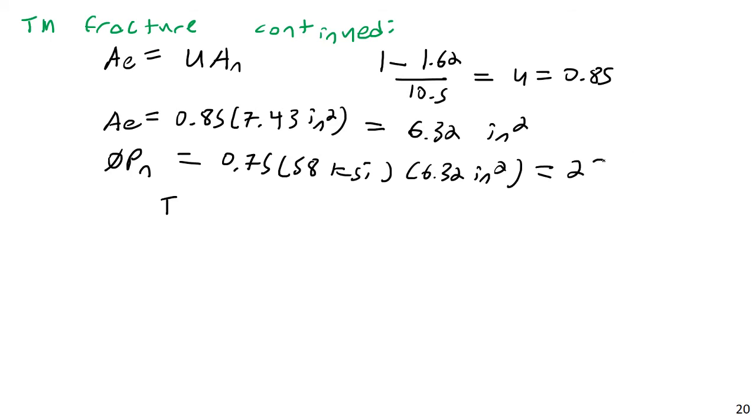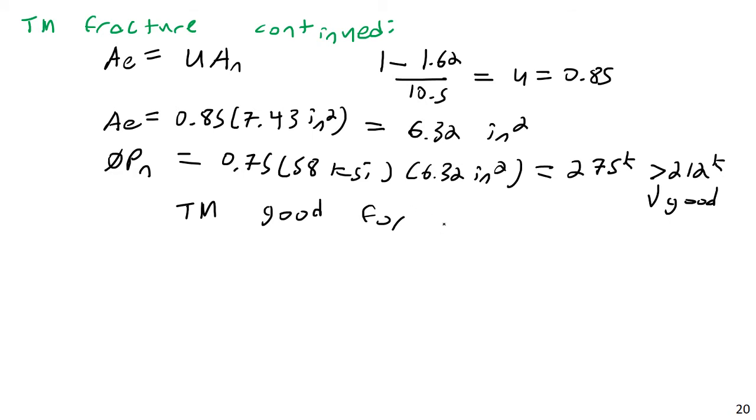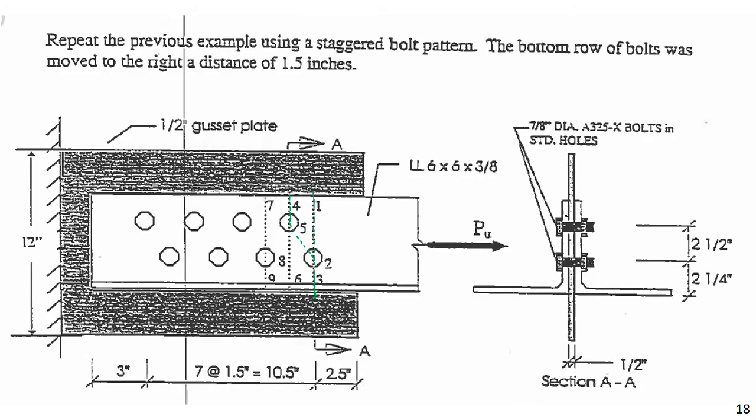Those are slightly different things. 275 kips, and this is greater than 212 kips, so we are good. So the tension member is good for fracture.